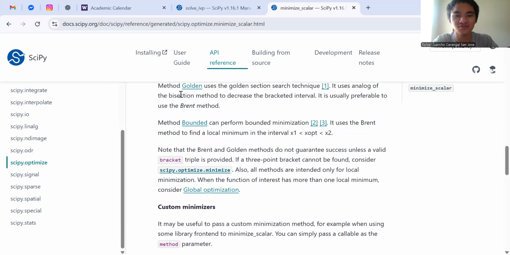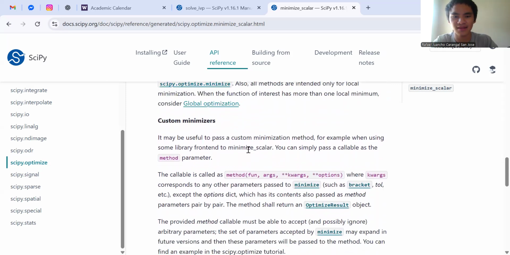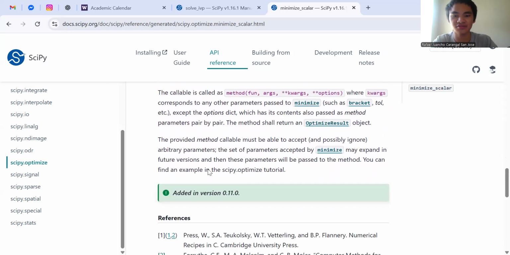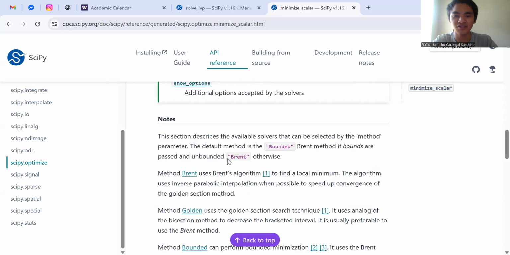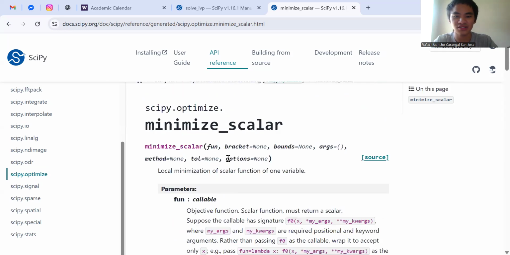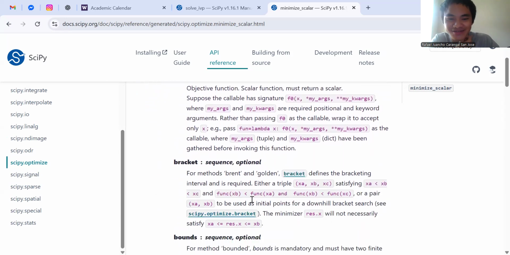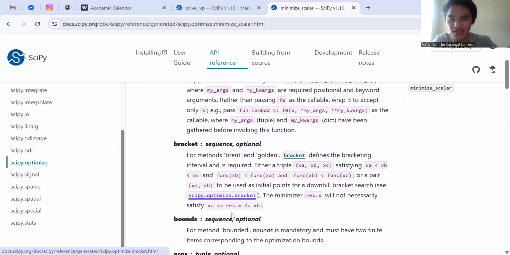I did talk about bisection method in my scientific computing course. And then you can pass in custom minimization methods. But yeah, I just did it by default because I really don't know how this works. But somehow it looks like it's working. So something I still need to work on.